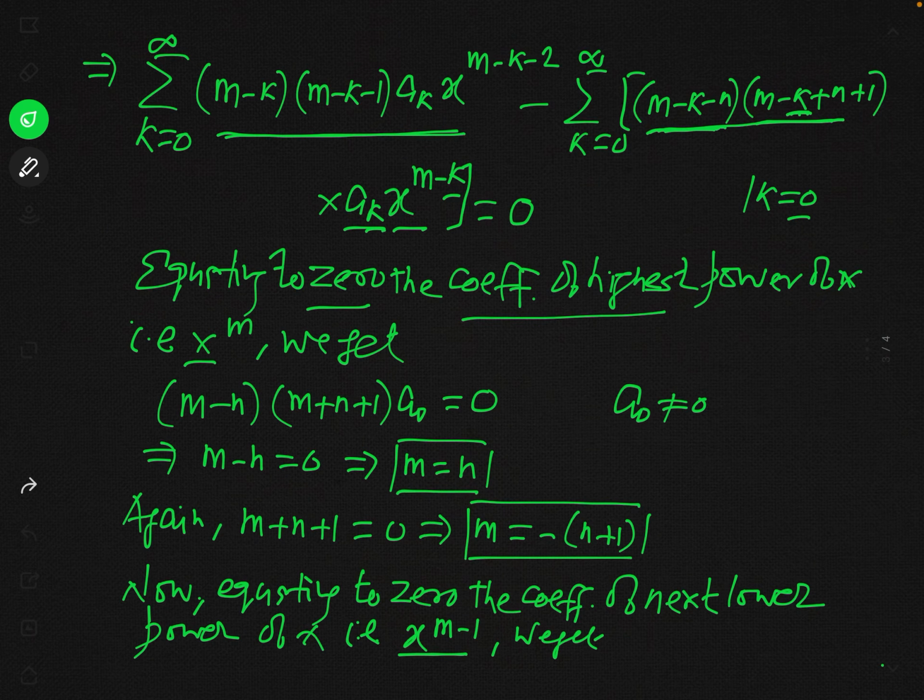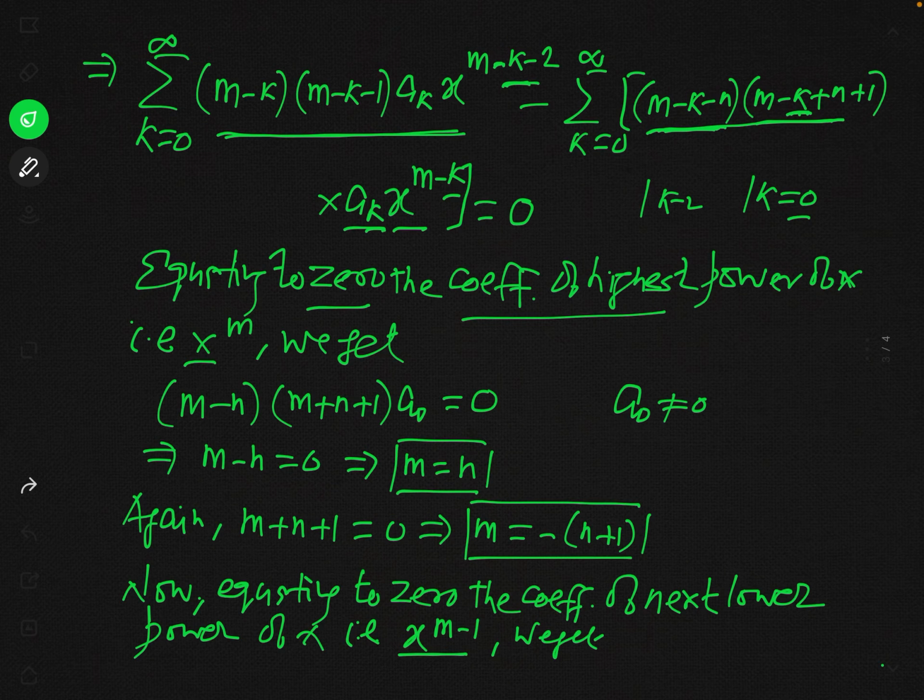And you can see x to the power m minus k. See this first series. In fact, here is x to the power m minus k minus 2, and you want the power of x to become m minus k, so definitely we have to change the value of k. If you take k equal to k minus 2, then at the place of this k we will write k minus 2, and due to this minus that will be k plus 2, and this 2 will cancel out, and then we get the power x to the power m minus k.